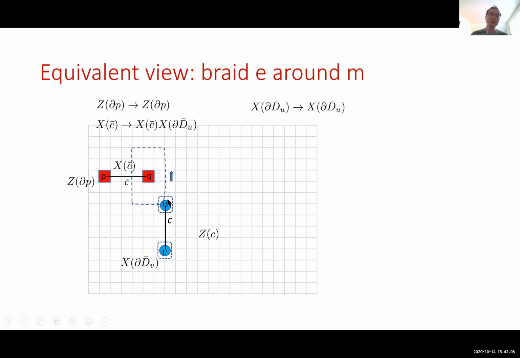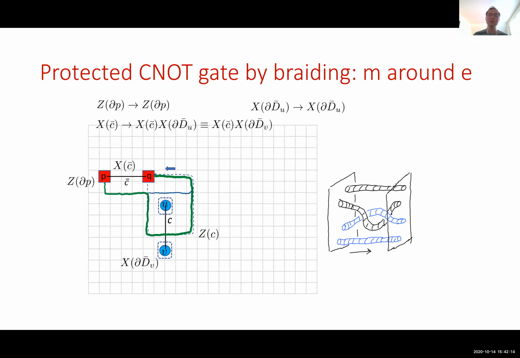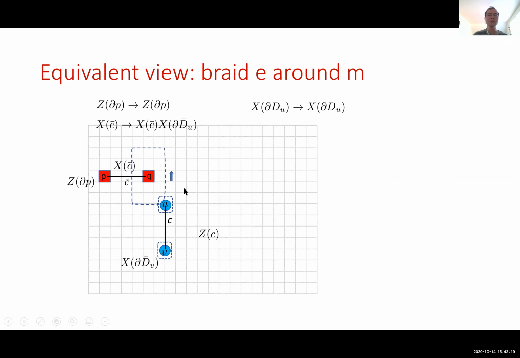This way it's easier to explain, but it's not necessary. You could always stick to the other picture, but I find it easier to explain, and also to prepare the drawing, if I do this U around.